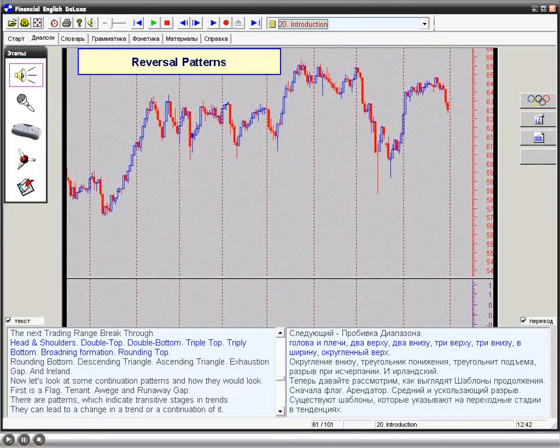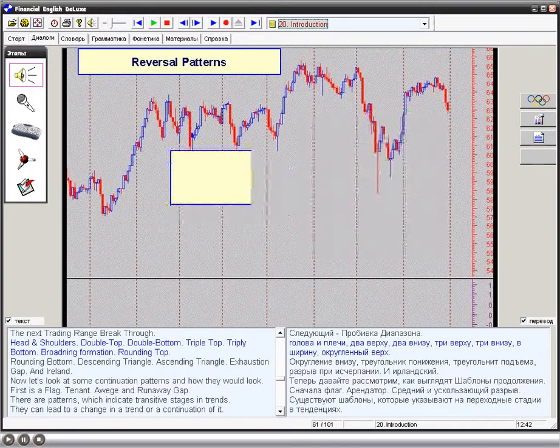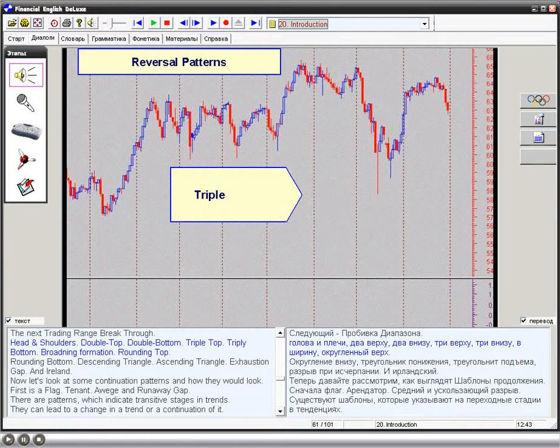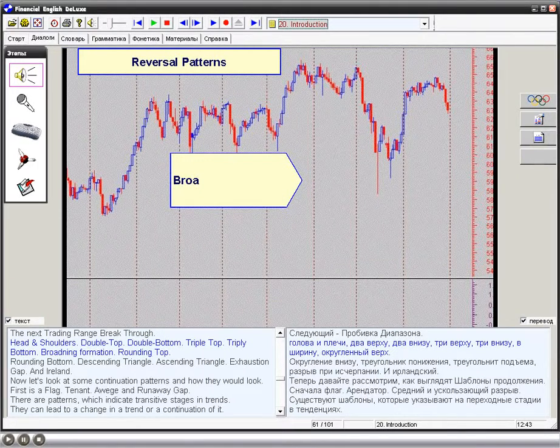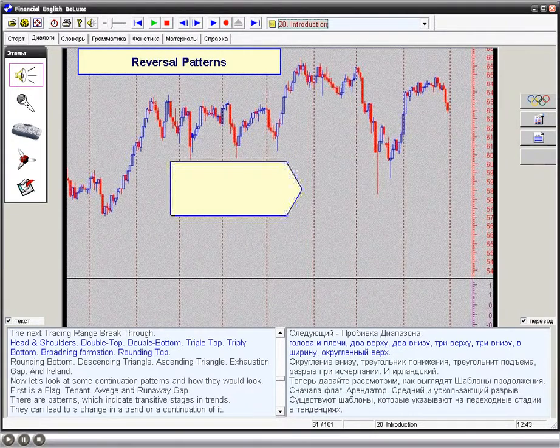Double bottom. Triple top. Triple bottom. Broadening formation. Rounding top.